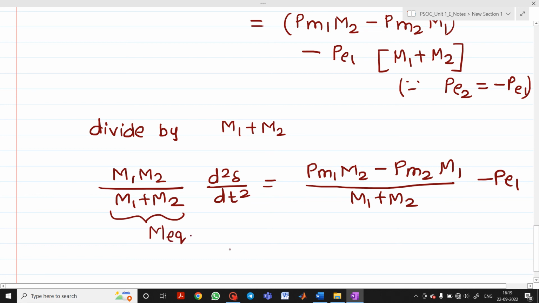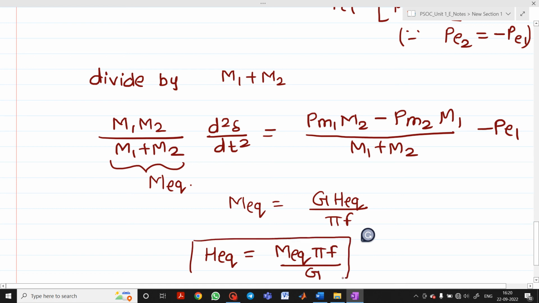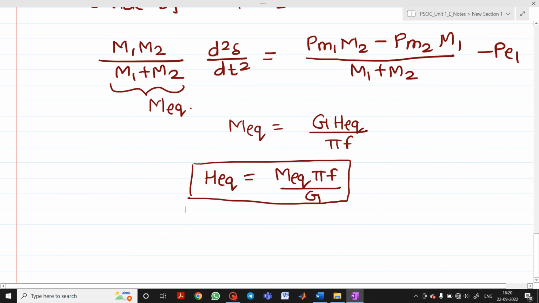But you know the formula of M equivalent: M equivalent equals G into H equivalent upon pi f. So how can I write the formula for H equivalent? H equivalent will be equal to M equivalent into pi f upon G. So this is the formula of H equivalent when two machines are swinging non-coherently.